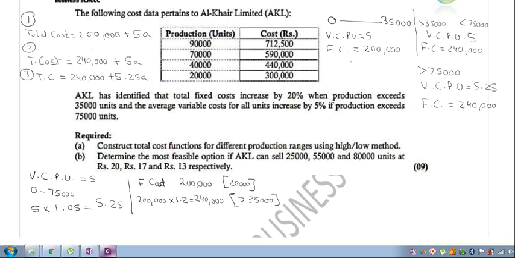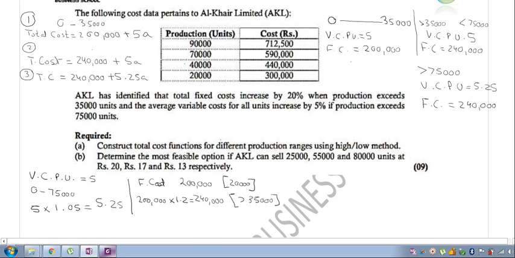These will be my three equations. If I am producing 0 to 35,000 units, my equation will be total cost equals 200,000 plus 5a, where 200,000 is fixed cost, 5 is variable cost per unit, and a is number of units.